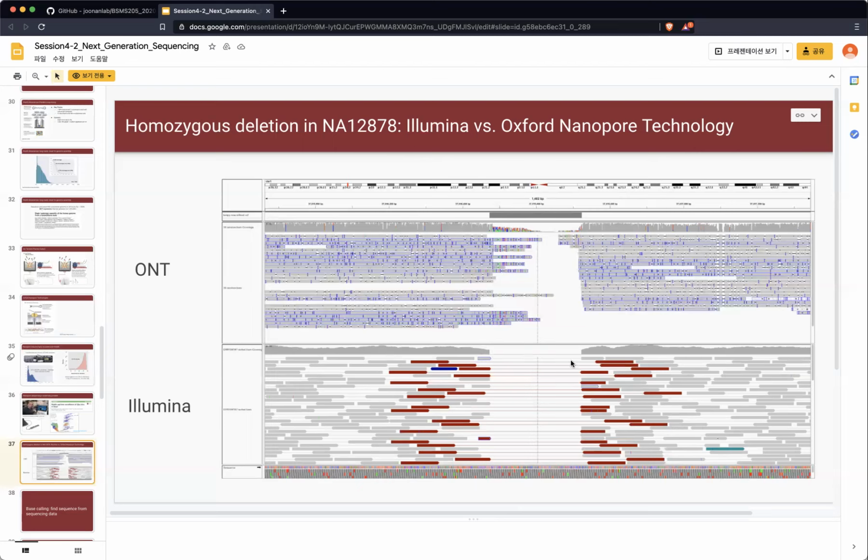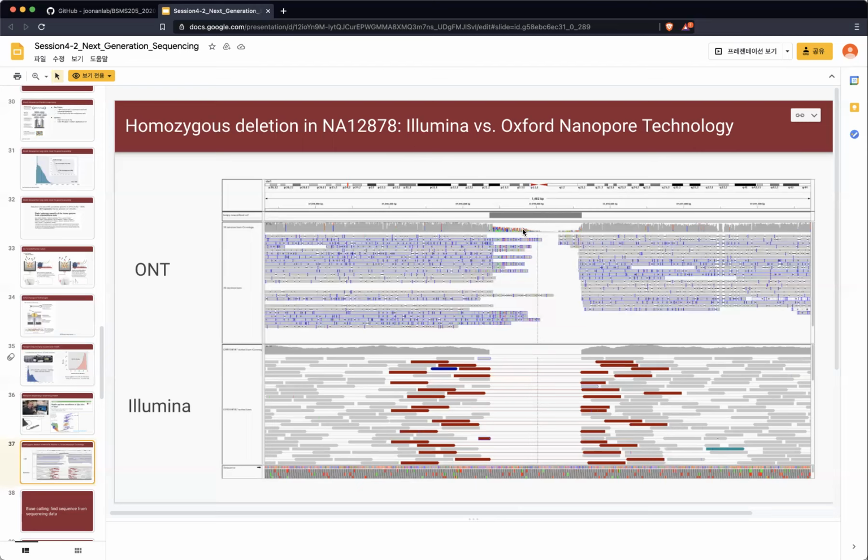So you can say here is probably homozygous deletion, right? But if you look at ONT, then that will call you the heterozygous deletion. The reason is that only about half deletion is happening here, right? Half deletion, half depth is reduced, right?